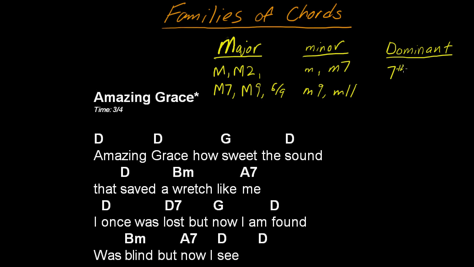Seventh, like a B7, A7, D7. And that is different than a minor 7 and a major 7. So that's one thing you have to remember, is a 7 by itself is in a whole different category of chords, family of chords, than a major 7 or a minor 7, okay?